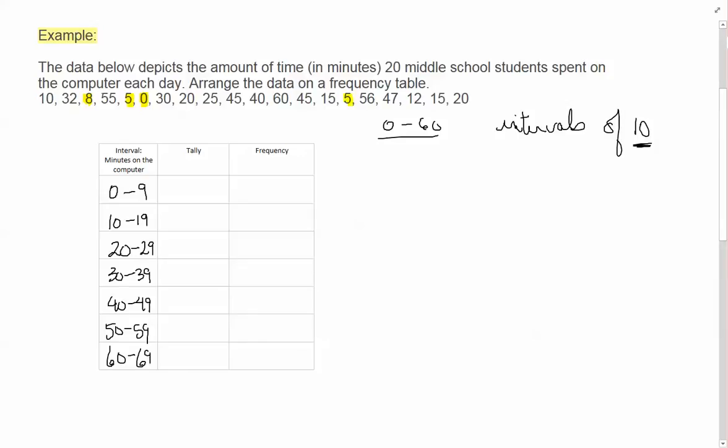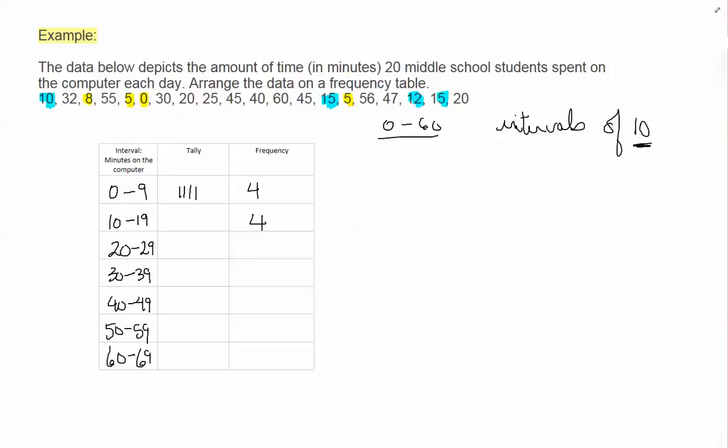If I was tallying, each time I found one, I would mark it, for a total of 4. Let's use a different color. For 10 to 19, we have 10, 15, 12, and 15 again. So that interval has a frequency of 4.